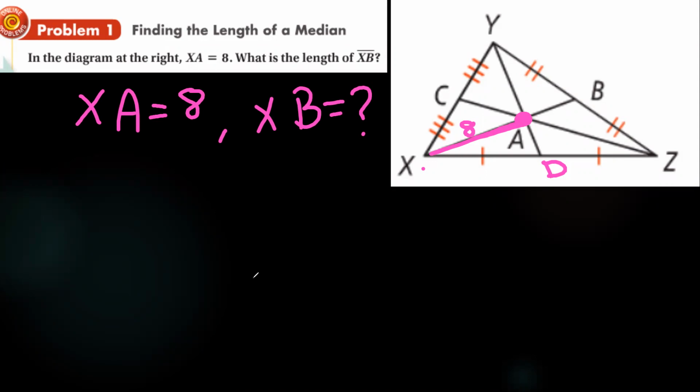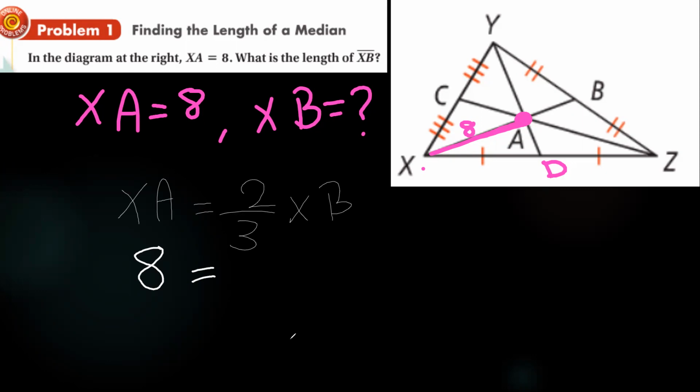Before you start, ask yourself, is the line segment XA on the median XB? Yes. So XA will be 2/3 of XB. XA is 8, 2/3 of XB. So what did I need to find? I need to find XB.